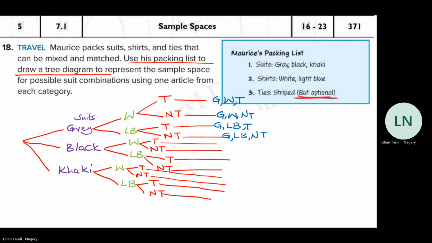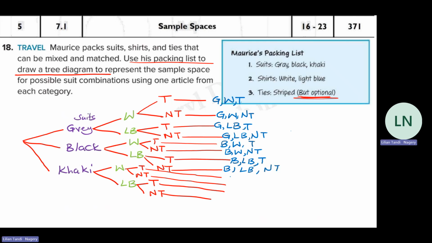All right. Here you're going to have a black, a white with a tie, a black, a white with no tie. Then you're going to have a black, light blue with tie, black, light blue with no tie.